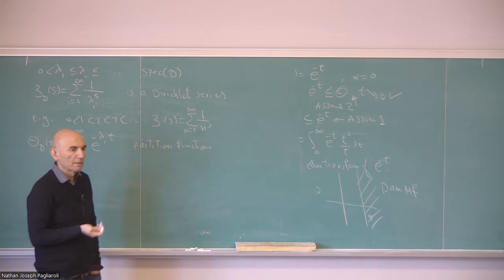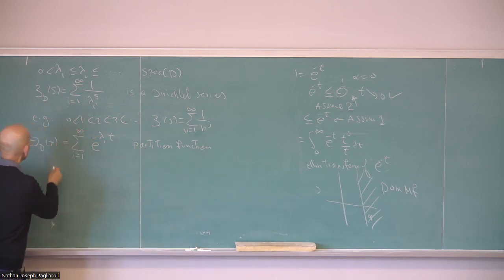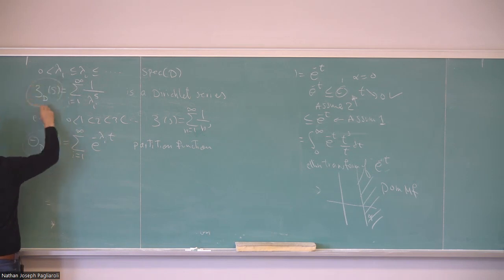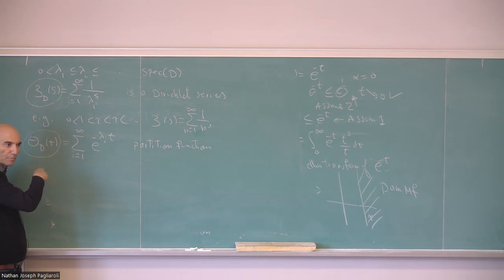That's okay. The two players in the game are this theta, again, and this zeta. And these two things are related through this Mellin transform again. So let's compute the Mellin transform of theta d at s.